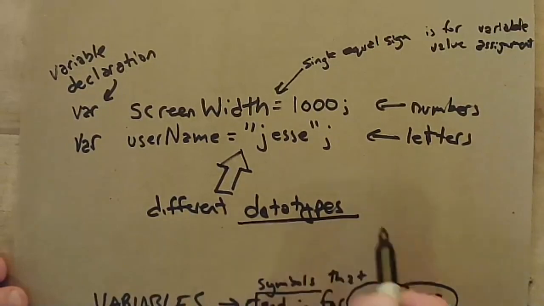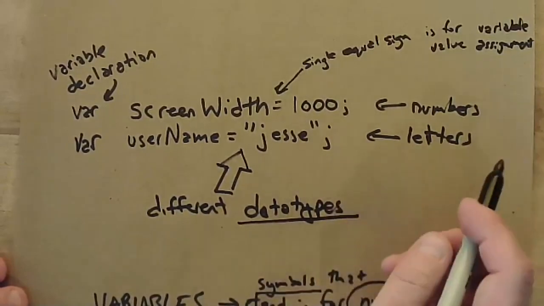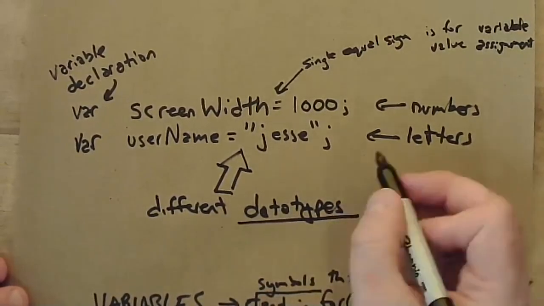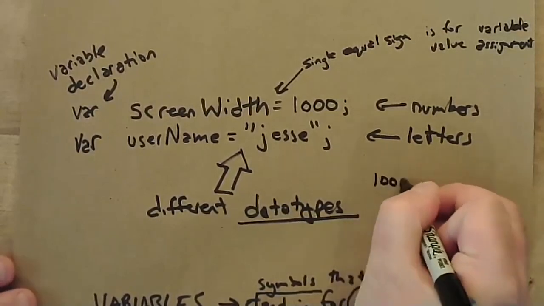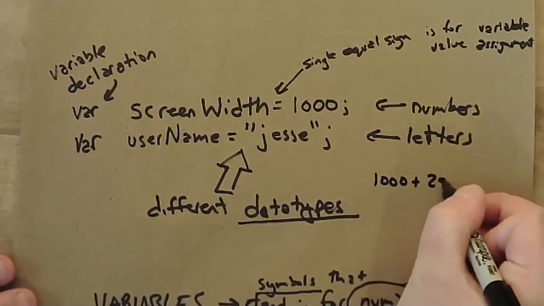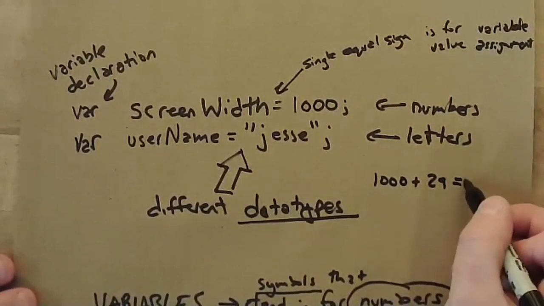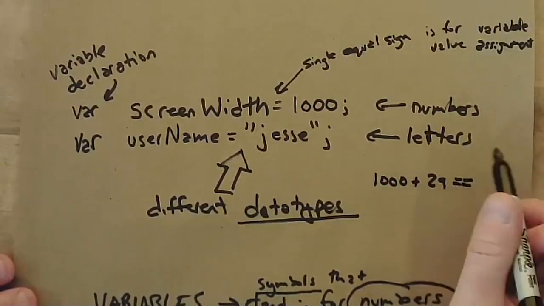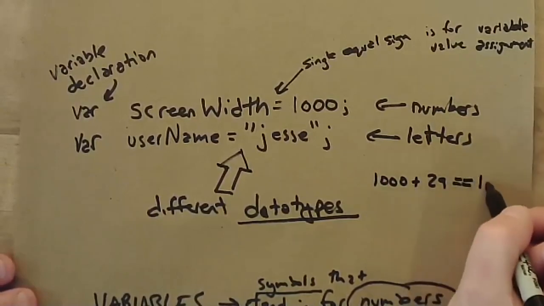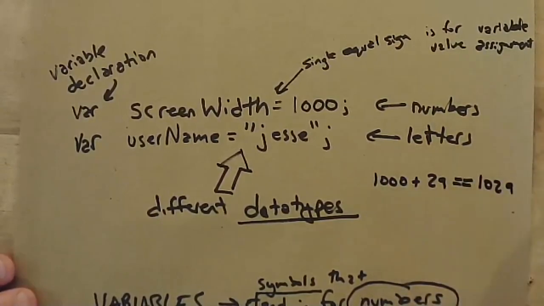And it's important to keep data types in mind because the way that we utilize them is different, right? If I say 1000 plus 29 equals, I'll just do a double equals just to make things less weird, maybe is 1029, right?